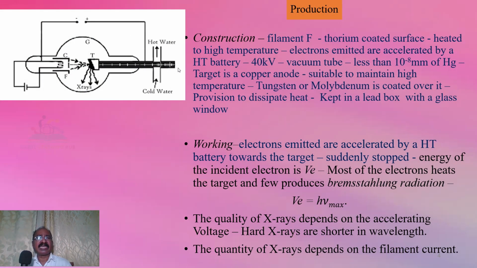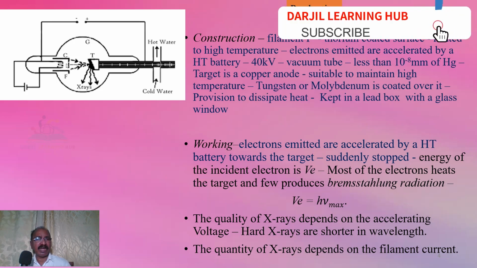And the instrument that he used for the production of the X-rays is shown in the figure here, and this tube is called the Coolidge tube. We have a filament and a cathode. This filament is a thorium coated surface which is heated to a very high temperature using the battery here, and from this filament electrons will be emitted.